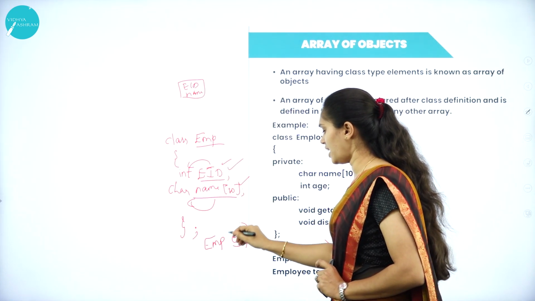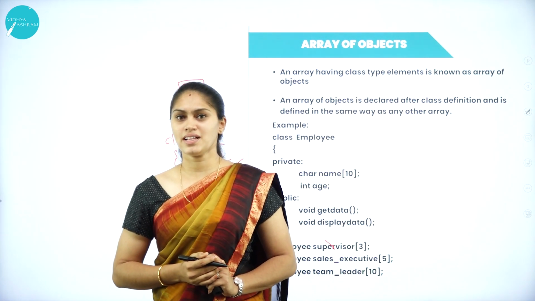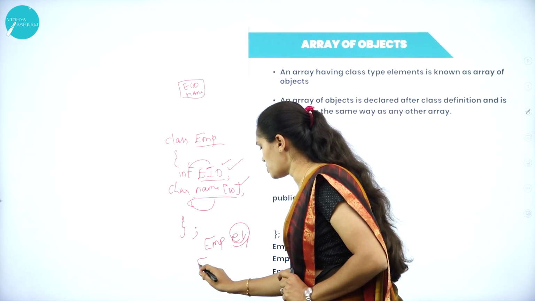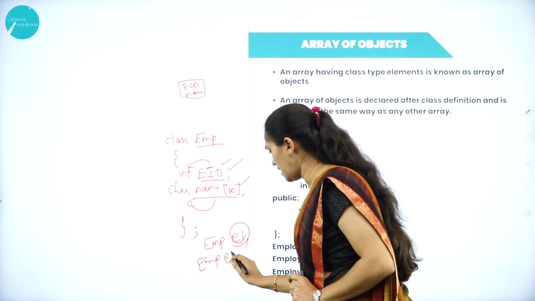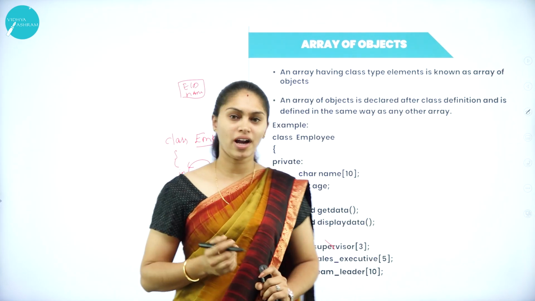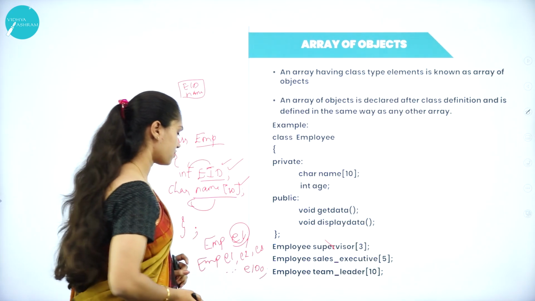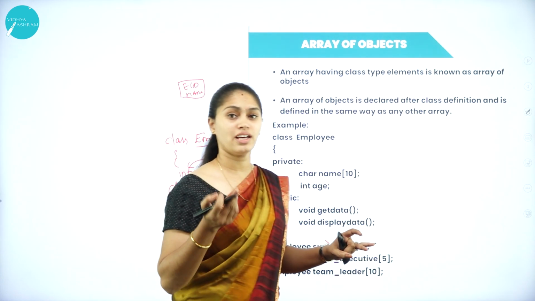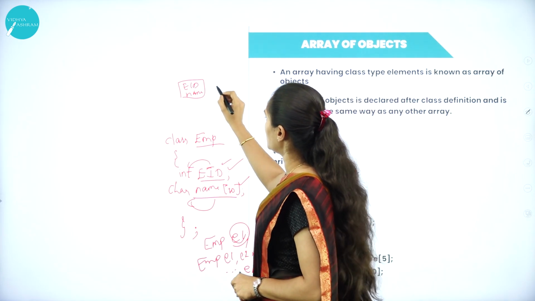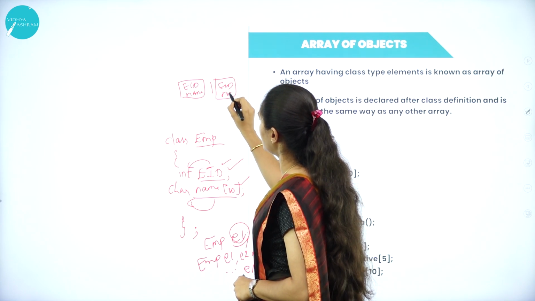So this is for a single object. What if I want to create more than 100 objects? At that time, how are you going to create an object? That means you are supposed to create Employee E1, comma E2, comma E3, up to what? Up to 100 elements, that is E100. So at that time you can store the values of 100 employees, and each employee value has its own employee ID and name.